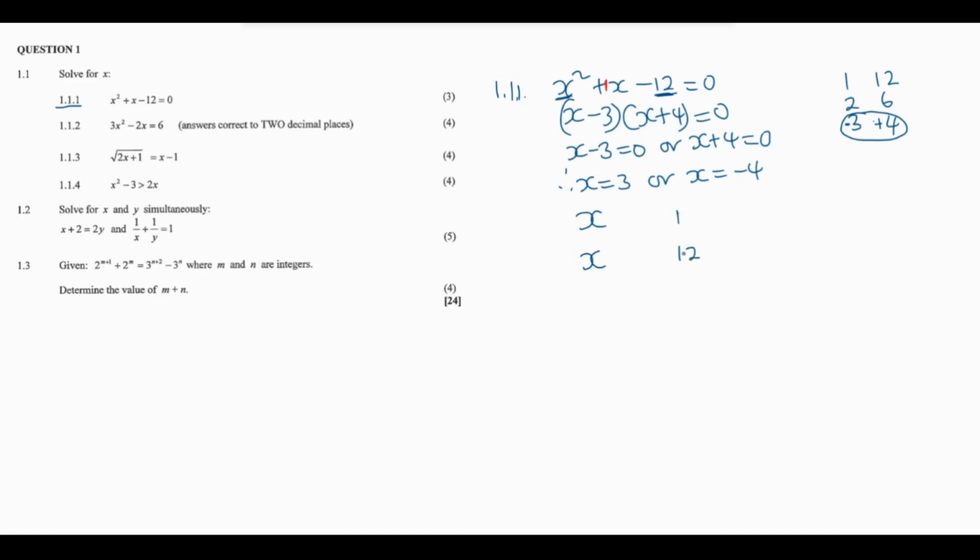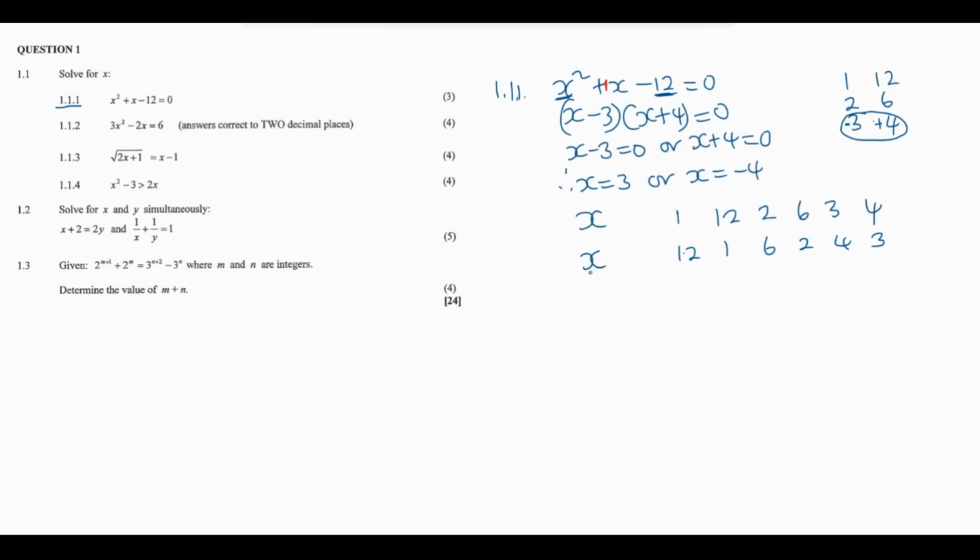But we must write it as 1 and 12 and also as 12 and 1, like this. Then 2 and 6, 6 and 2, then 3 and 4, and 4 and 3. And then we look for the factors that can give you a 1 after you cross multiply. We have to do inspection for all of these, but let me check.